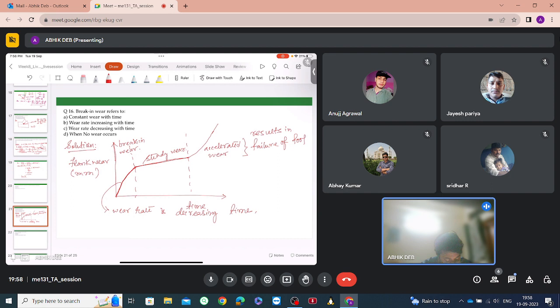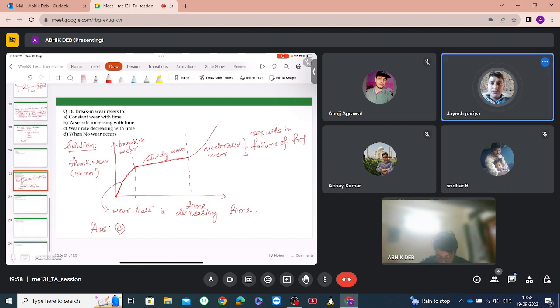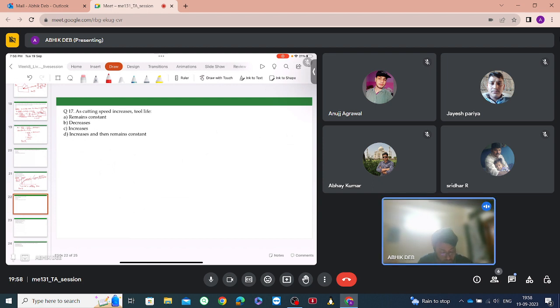Okay, so break-in wear refers to the wear when the wear rate is decreasing with time. So is it clear to you? Yes, sir. Okay, so coming to the last problem for today.